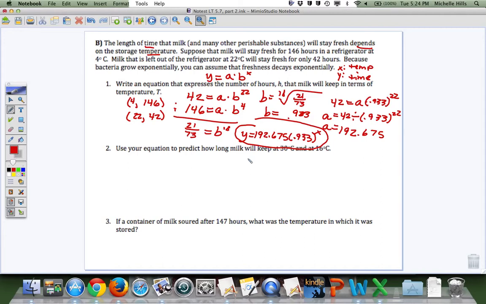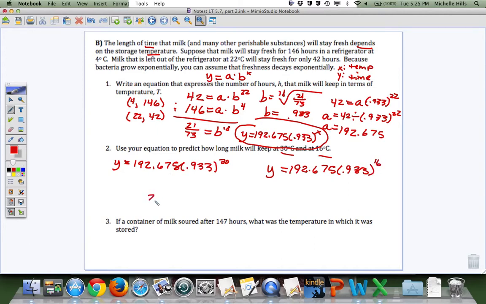Use the equation to predict how long milk will keep at 30 degrees and 16 degrees. Well, the temperature is my x, so y equals 192.675 times 0.933 to the 30th power, and y equals, and you should show this work, 192.675 times 0.933 to the 16th power.